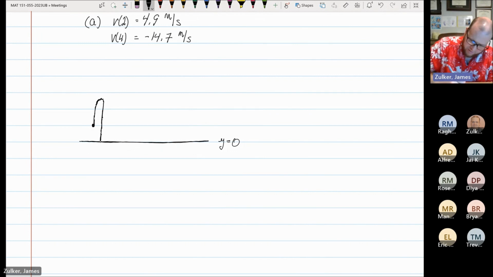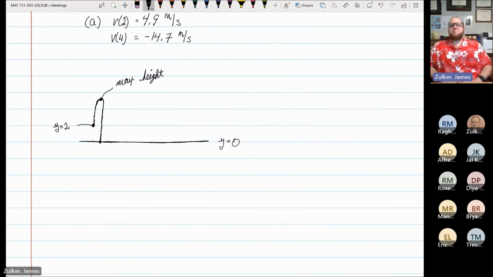And obviously it's going to hit the ground. At that point is going to be its highest point, its maximum height, right?